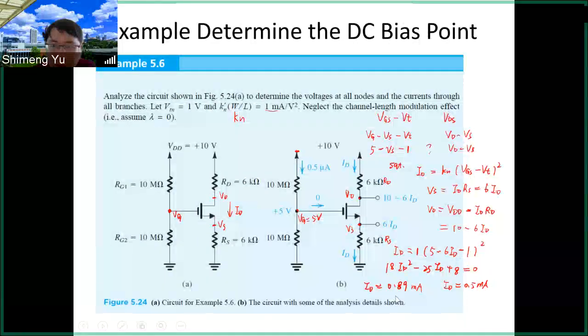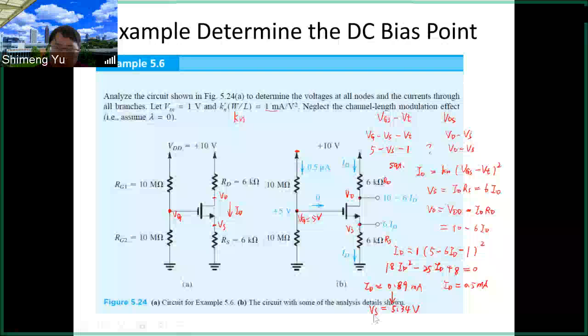So let's verify that. You can plug in the ID back for the Vs. For example, if ID is 0.89, you back calculate Vs. Vs is 6 ID, 6 times this one is 5.34 volts. Then you will see that this is invalid, because Vs is 5.3 and Vg is 5.